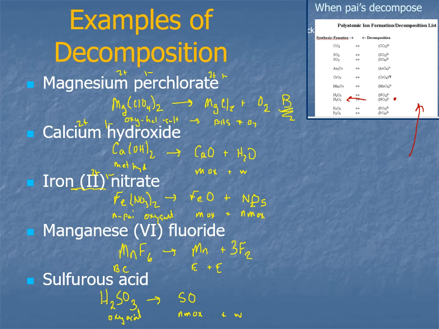Well, let's figure that out. Up here on the list, I actually have it, and sulfites break down into sulfur dioxide. So, sulfur dioxide, SO2, and water, H2O. This one self-balances, so there we go.